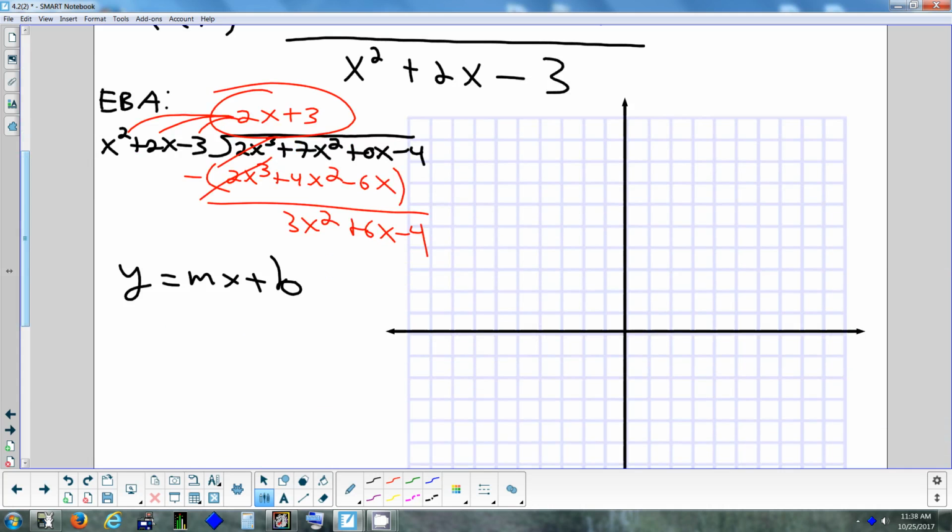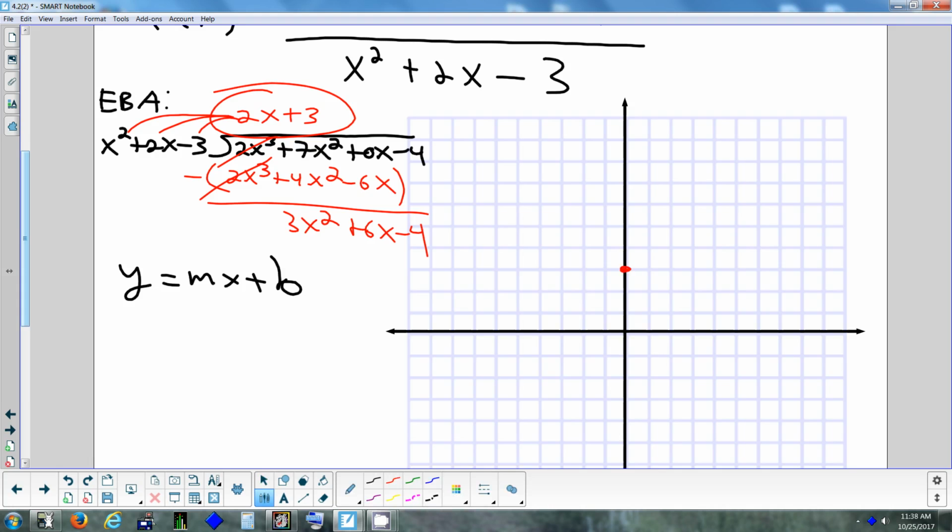That's what the 2x plus 3 is. What's the slope in 2x plus 3? 2. So if something has a slope of 2, could it be horizontal? No, because horizontal is a slope of 0. Okay, so in this case, the asymptote's not as bad. It's not as simple as horizontal, but it's not as bad as a parabola. It's on a diagonal.